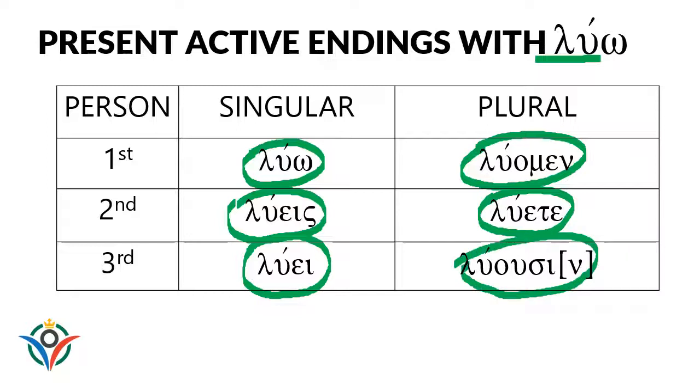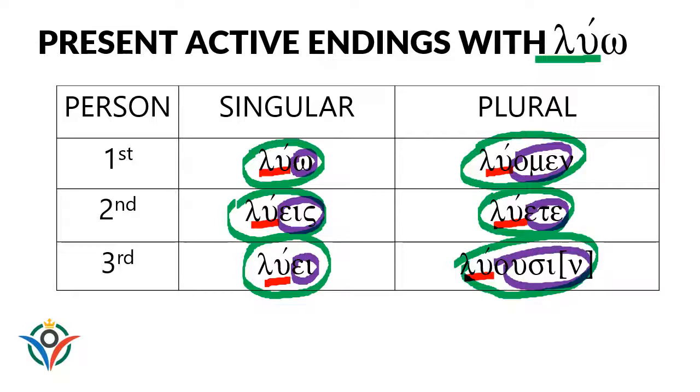So just remember that lu is the stem, which gives us the basic meaning of the verb, and then the endings are o, eis, ei, omen, ete, and ousin. Please familiarize yourself with those endings and know them well. These endings together with the Greek vowels are going to come into play now as we learn contract verbs.